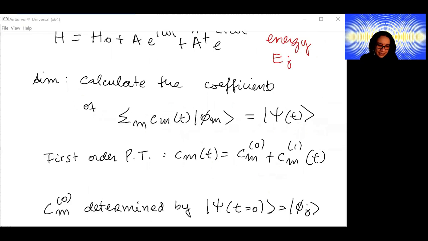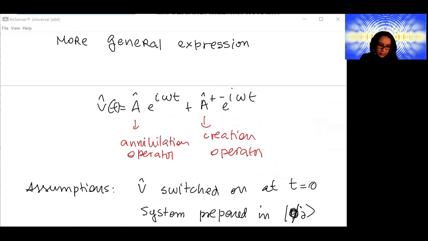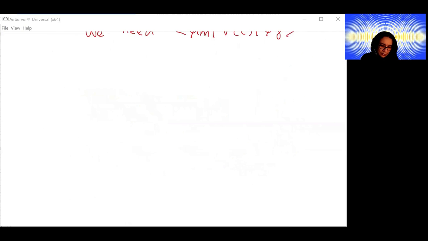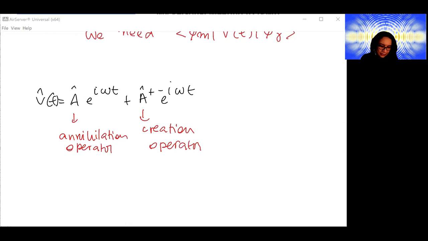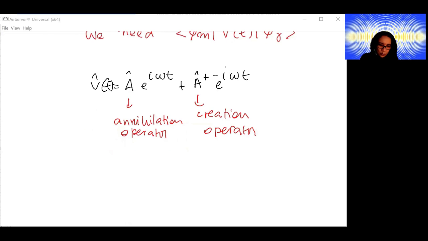Let me put a t here so that we know. And I'm moving it here so that we know what we would like to achieve.